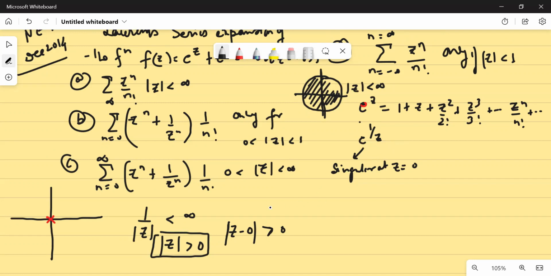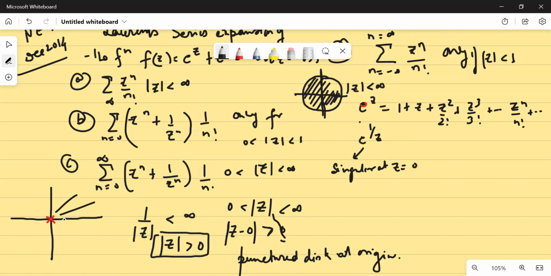So what would be the radius of convergence? It would be mod z greater than 0 and less than infinity. That is, you would have a punctured disk at the origin. Exactly at the origin you will have a singularity.